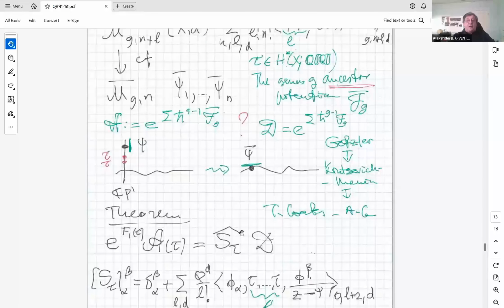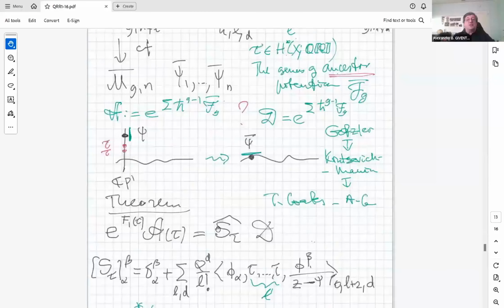Namely, what is this S? It is the generating function for invariants which exactly captures this phenomenon itself. The correlators there are the following. There are L plus 2 marked points. At L marked points, there could be the class tau, like these pink points.